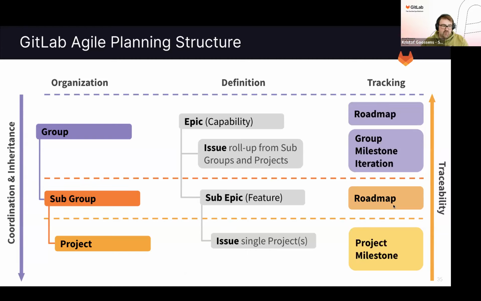Then we can view the roadmaps on all the group levels, both on subgroup level and on the top level group, because information gets aggregated there as well. The group milestones and the iterations can be created on a group level, and then they will be available throughout all the subgroups and the projects, which means that if you create it on this level, all the projects can link to the same milestone as well.